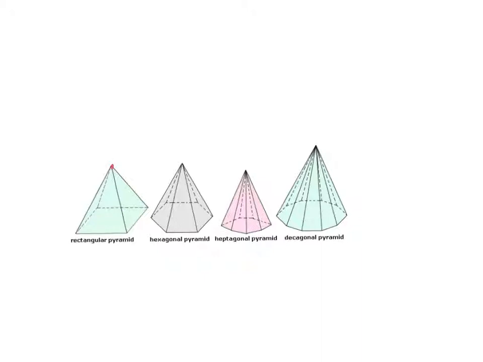So instead of having a congruent side on the other end, instead of having 2 bases, it only has one. So in this example, the base is a rectangle, and then from the rectangle, there are 4 triangles that meet at a single vertex, at a single point.